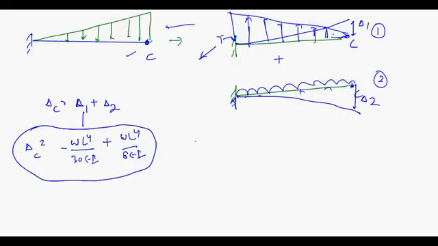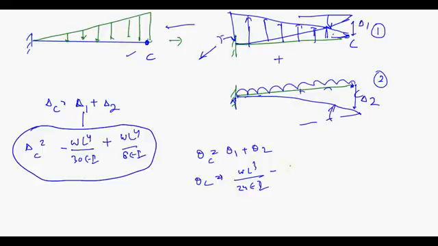Is this okay? What about theta? Theta C is again theta 1 plus theta 2. Theta 1 value you already know, it is WL cube upon 24EI. Now what is the direction of this rotation? If you see here, it is anti-clockwise, and if you see here, this is clockwise, so you have to again subtract. Suppose anti-clockwise I am taking as positive and clockwise as negative, so it is minus theta 2.